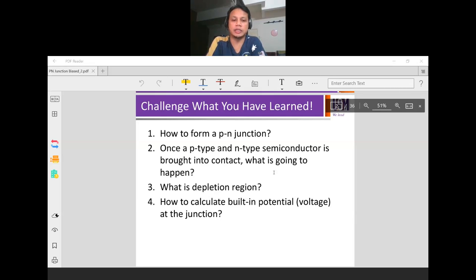Okay, the region is depleted of carriers. So the moment we brought P and N semiconductors into contact, the carriers near the metallurgical junction will diffuse due to concentration gradient. Then the region near the contact will be depleted, right? The region near the contact will be depleted, and hence it's called depletion region.